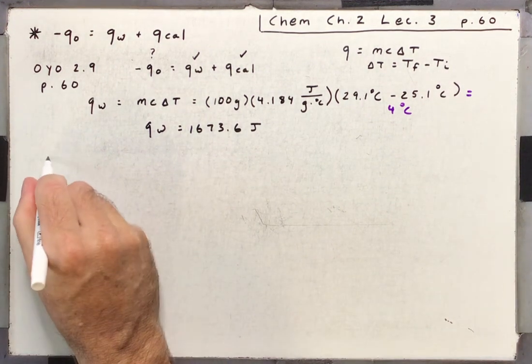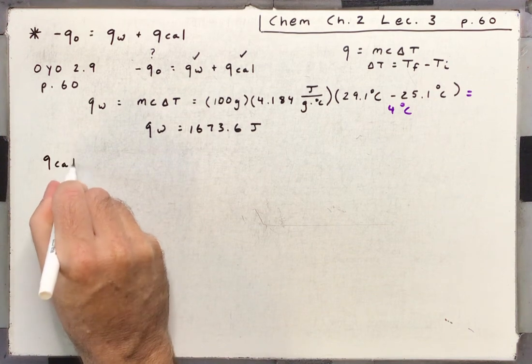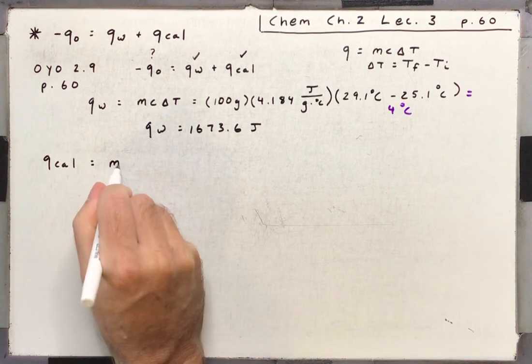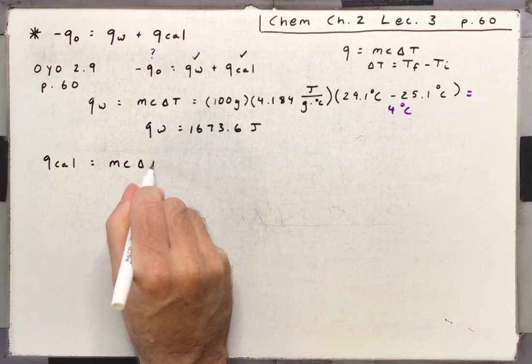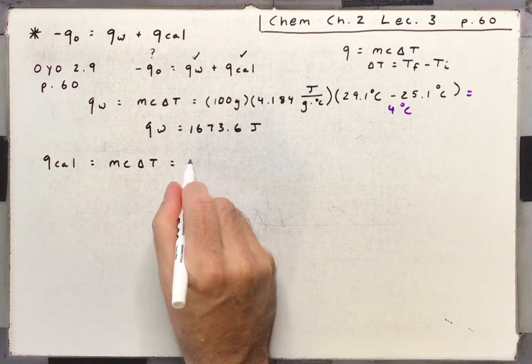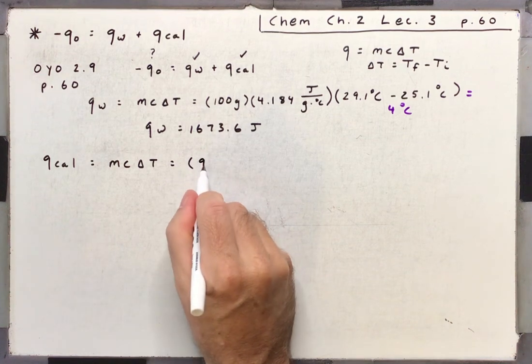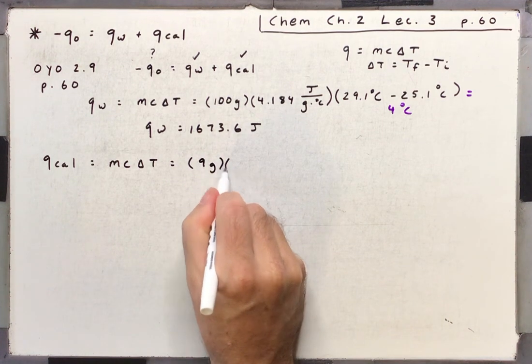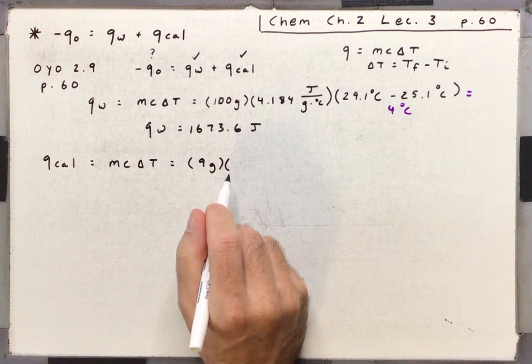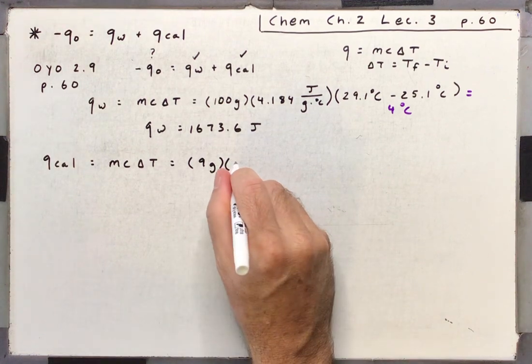So let's get the Q of the calorimeter. We know that's mc delta T. All right, the mass of the calorimeter is 9 grams. The specific heat of the calorimeter, 2.31.